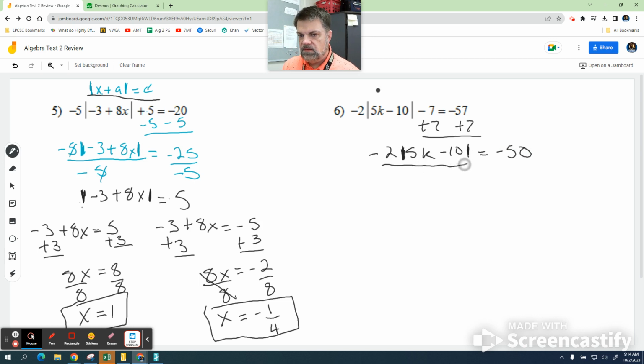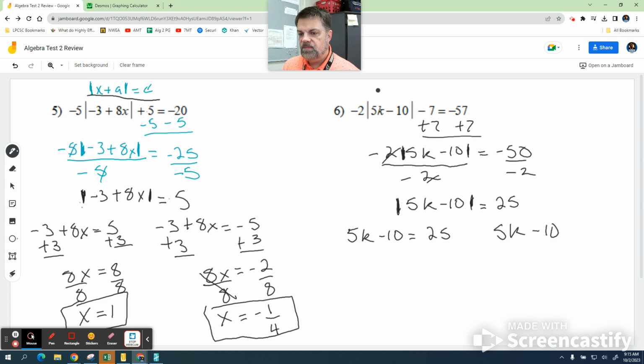All right, let's divide by negative 2. These will cancel, and I get the absolute value of 5k minus 10 is equal to positive 25. So from here, I'm going to say 5k minus 10 equals positive 25, or 5k minus 10 equals negative 25.